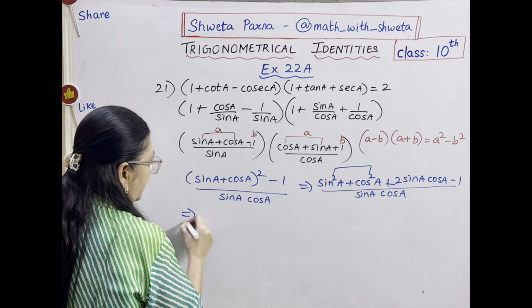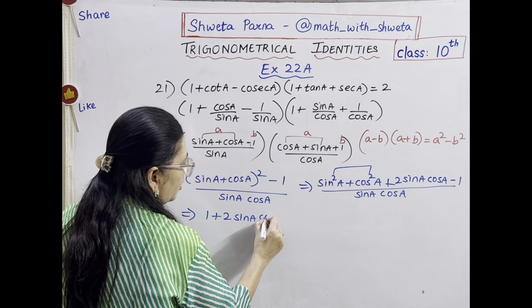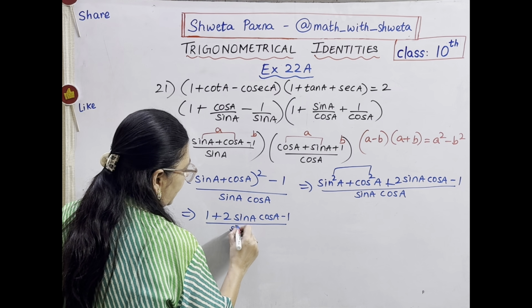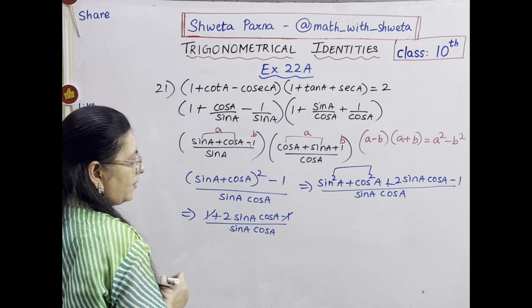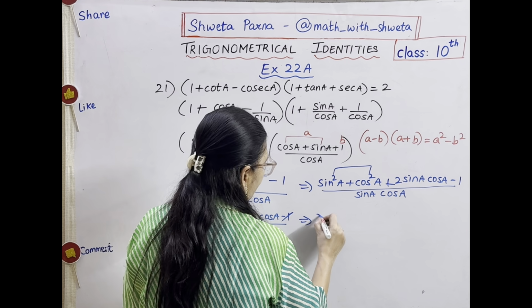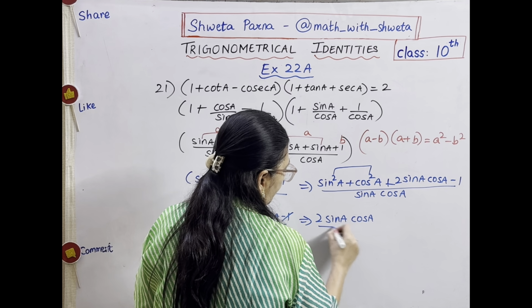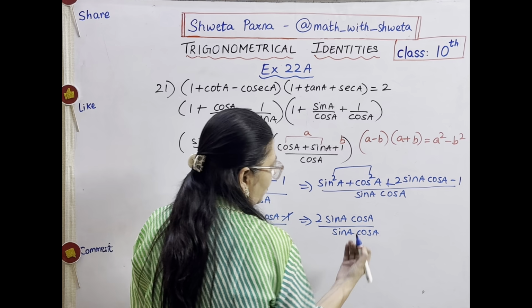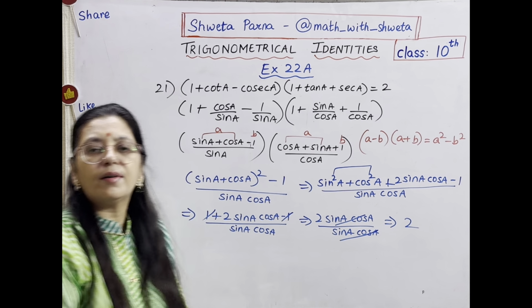So here you will write 1 plus 2 sin a into cos a minus 1 upon sin a cos a. 1 and this gets cancelled. What you are left with? You are left with 2 sin a into cos a upon sin a cos a. Both are multiplication. Cut this. Answer is 2, which is the right hand side.